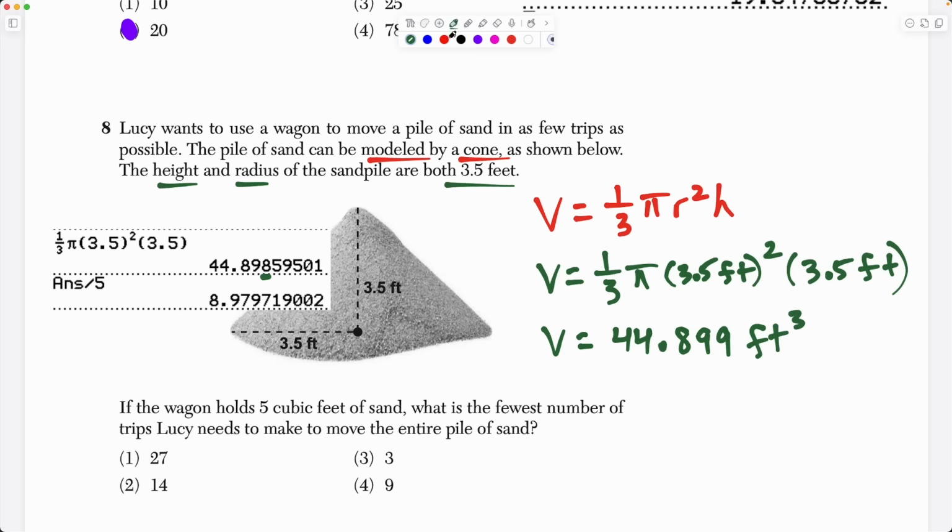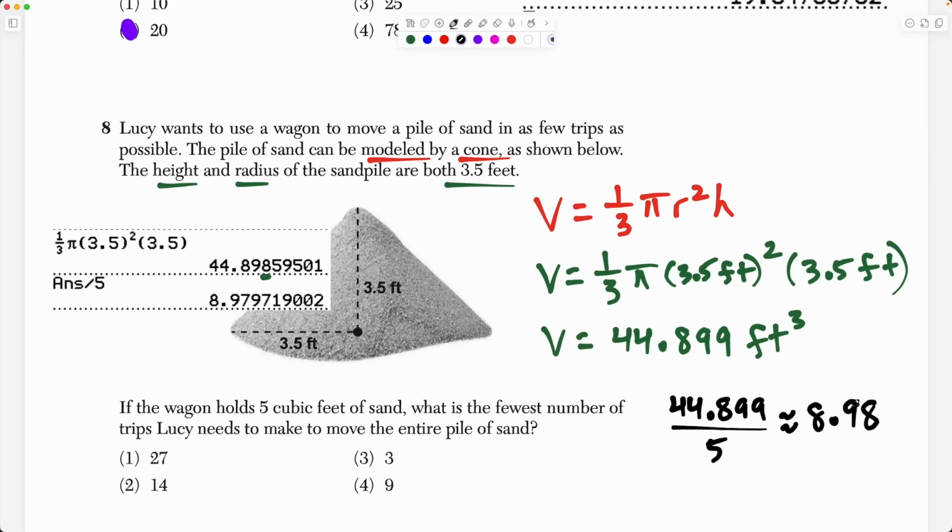So then we, once again, take this value here, the 44.899, and we divide by 5, and that gives us somewhere in the neighborhood of 8.9. Now, I know this would round up to 9, so let's say I go with approximately 8.98. But they said, what is the fewest number of trips Lucy needs to make?